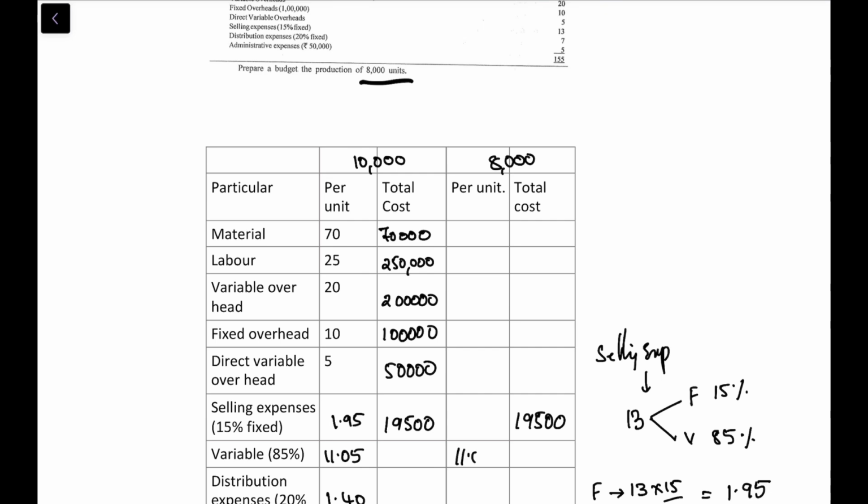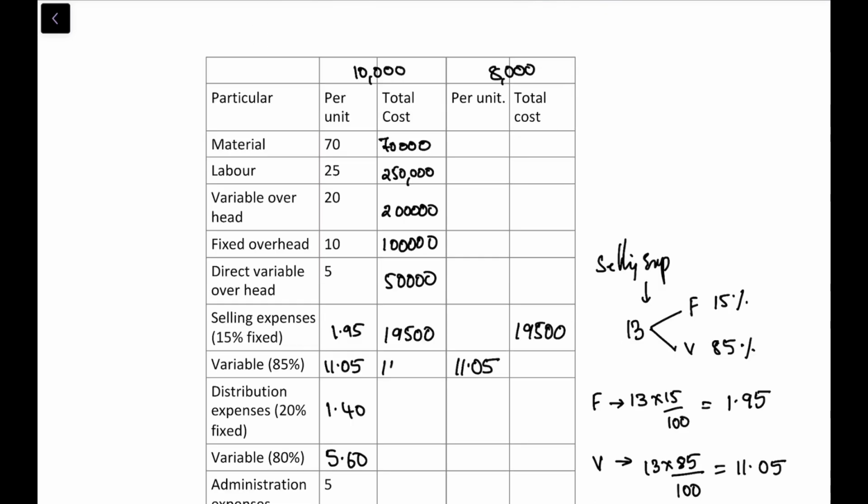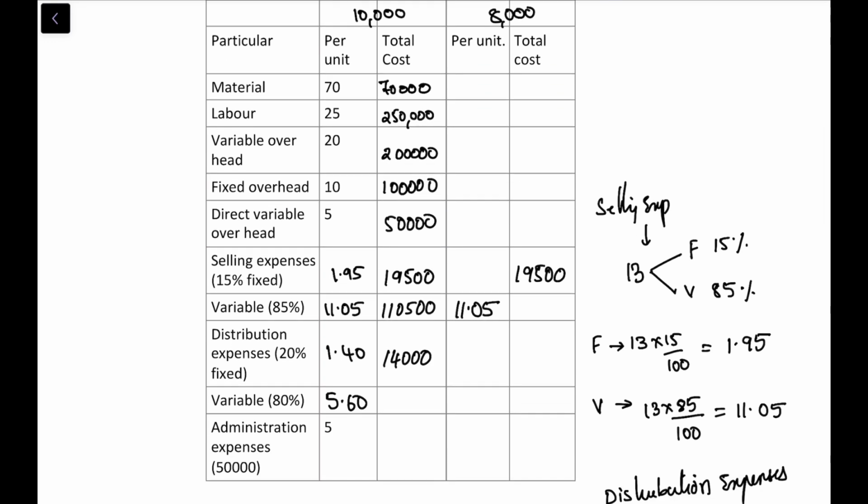See, so here a simple trick is, whenever the fixed one, total cost will be same, and for variable per unit rupees will be same. See, average is 19,500, irrespective of number of units, it will be same for total cost 19,500 only.